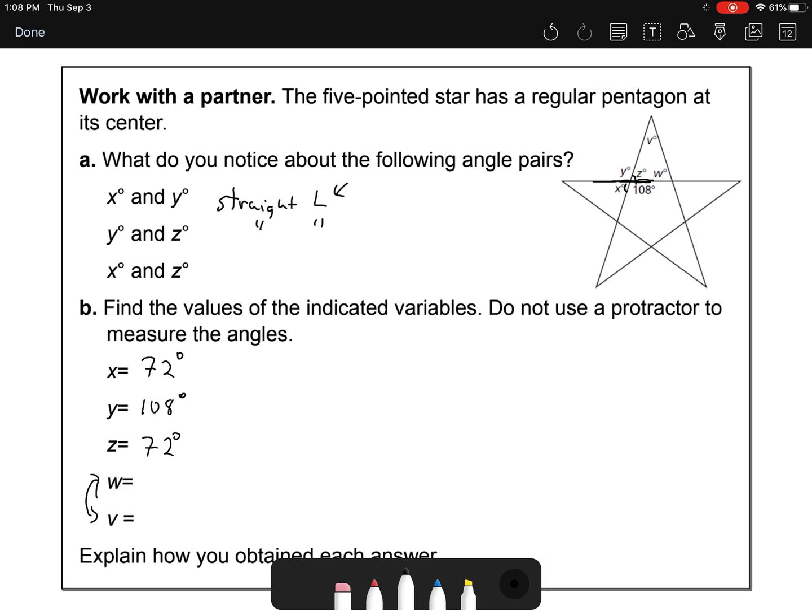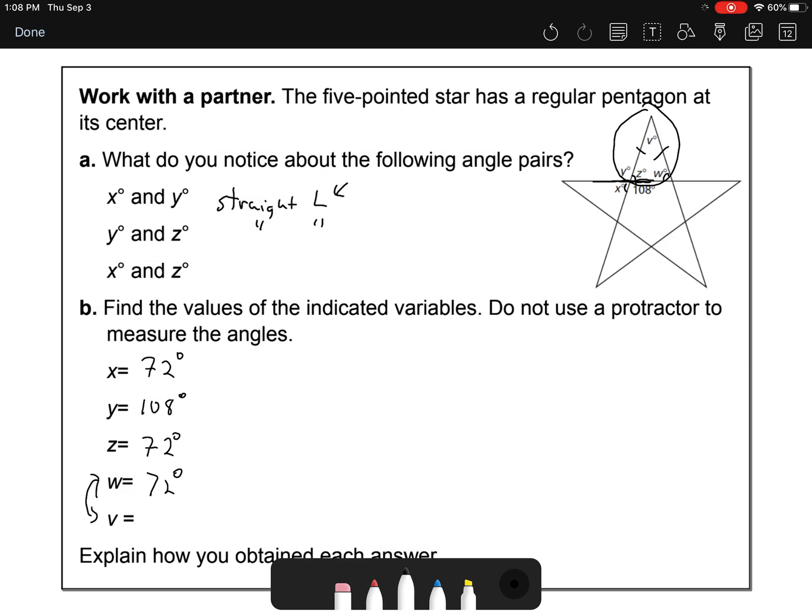Interesting. Now, these other two angles are going to be difficult for you to find, but I bet you can figure it out. What do you know about Z and W? Well, what kind of triangle is this? Even though we're going to talk about this later in the year, what kind of triangle is that? Do you think those two sides are equal? You're right, they are.